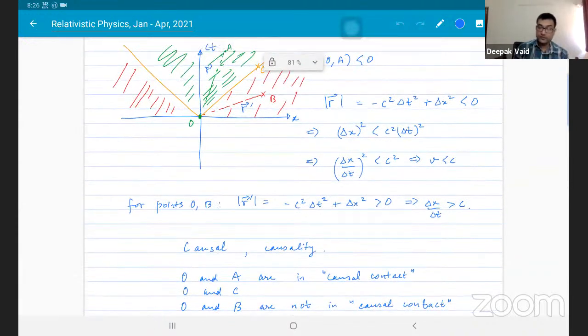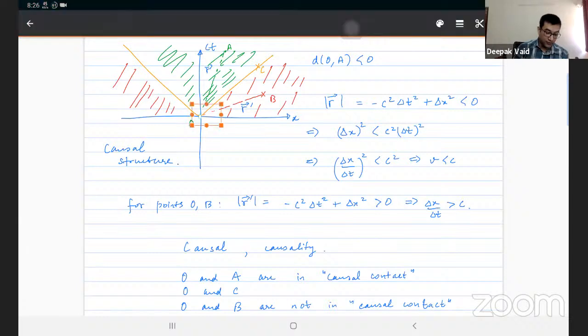Then you can use this concept to understand what is known as causal structure. So causal structure means what points in space-time have an effect on other points in space-time.